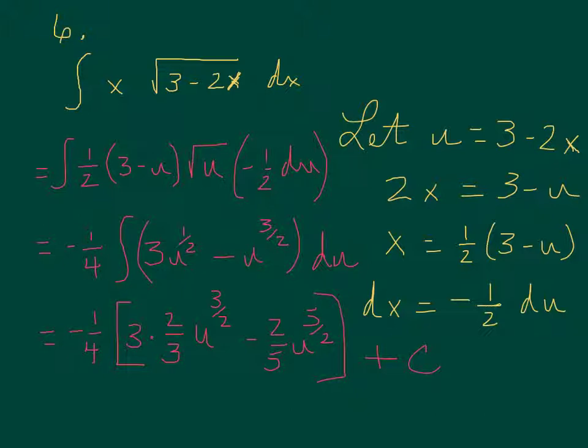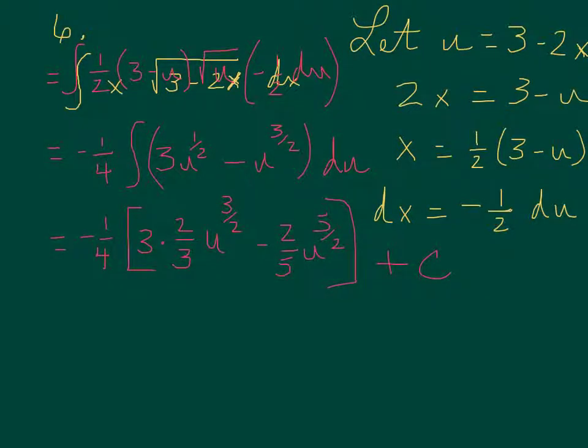So the next thing that we want to do is start simplifying this expression that we have. Okay, so if we simplify -1/4, 3 times 2/3 just makes 2 u to the 3/2, and then minus 2/5 u to the 5/2 plus c.